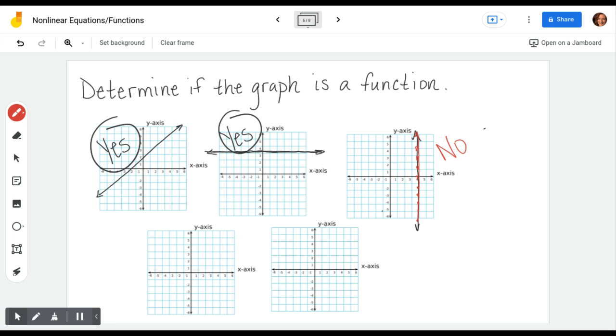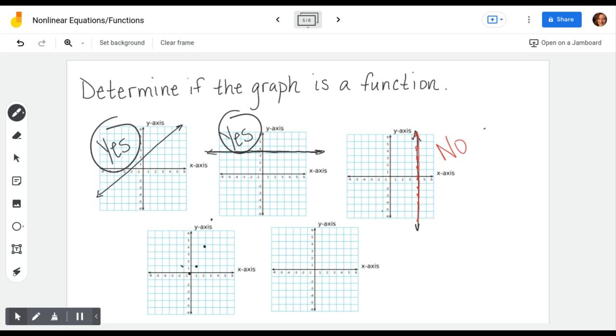Sometimes curved graphs can be, not always. For example, if I do y equals x squared, let's see, 0, 0, put in a 1, 1 squared is 1, put in a 2, 2 squared is 4, put in a 3, 3 squared is 9, that's up here somewhere.